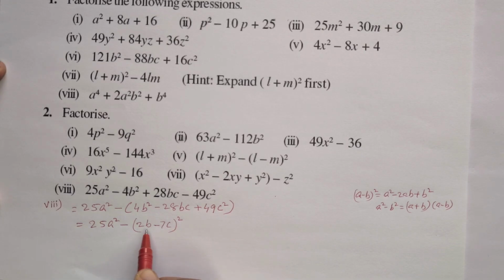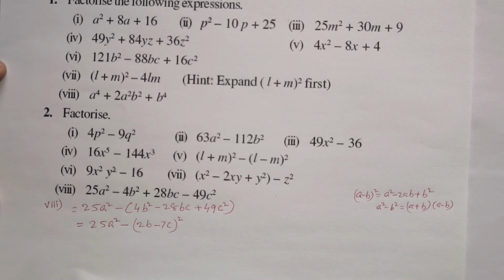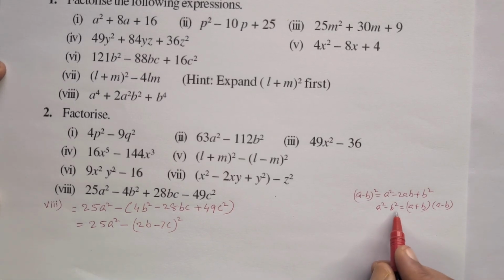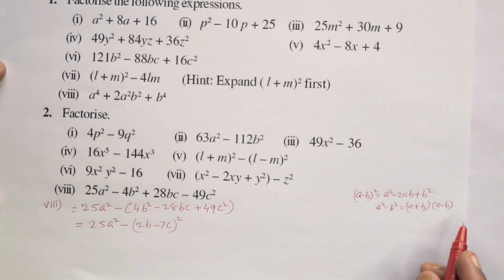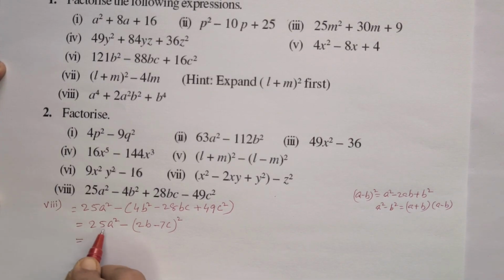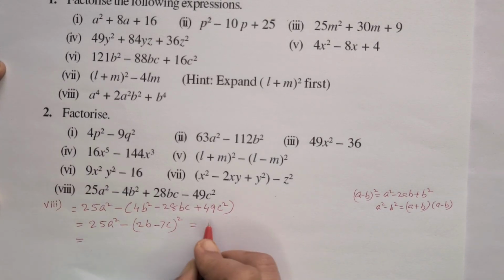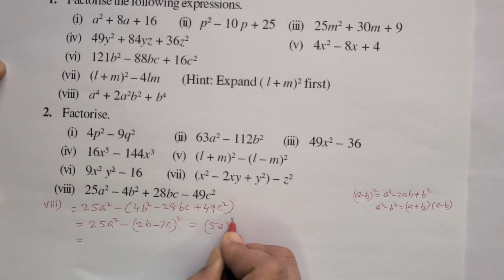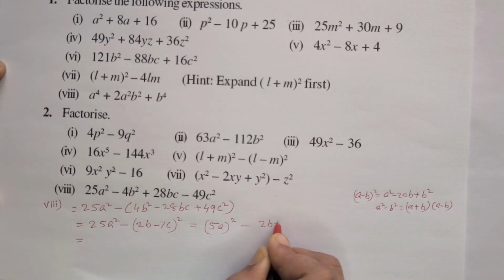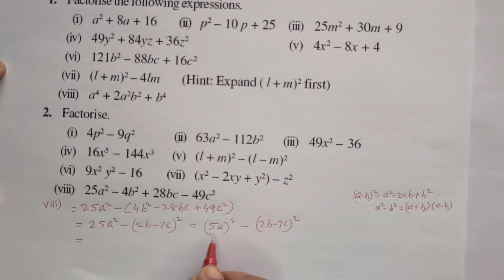When we are checking that, opening that, 4b square, 2 into 2, 4 into minus 7, minus 28bc, and 7c square, that means 49c square. Now this is the second identity, a square minus b square format. Then a plus b into a minus b. So we can rewrite this as a square means square root of 25, that is 5, so 5a the whole square minus 2b minus 7c in bracket the whole square, a square minus b square form.